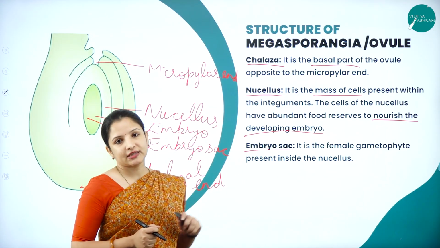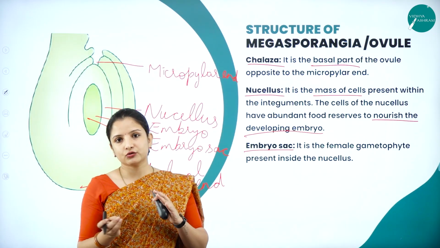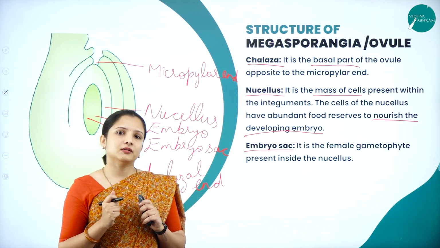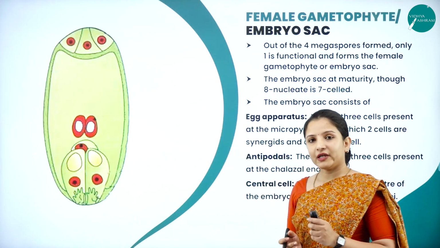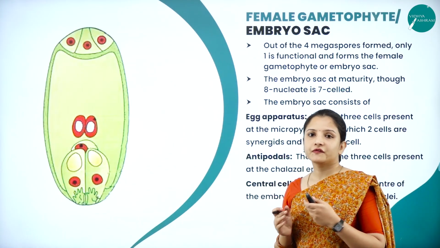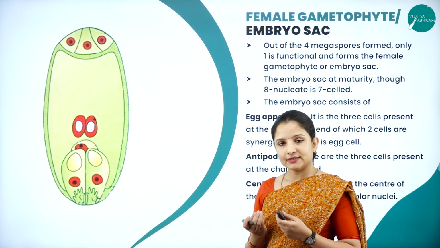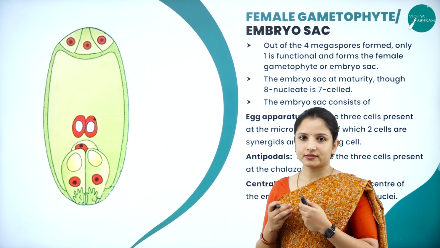Here, embryo sac is the female gametophyte. Once the pollen grain enters into the female reproductive structure, all the events will occur in the female gametophyte, or the embryo sac. So we will study in detail about the female gametophyte, which is also called the embryo sac.